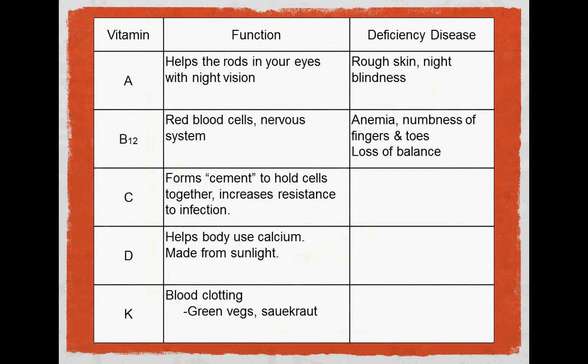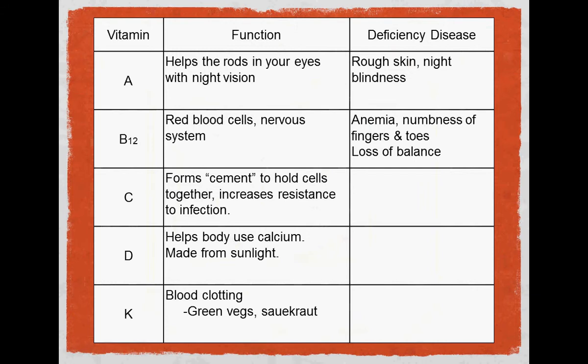Vitamins are larger molecules, they're organic, and we need a bunch of different vitamins in order to be healthy. Vitamin A is important in terms of our vision. In our eyes, we have different types of cells, cones and rods.